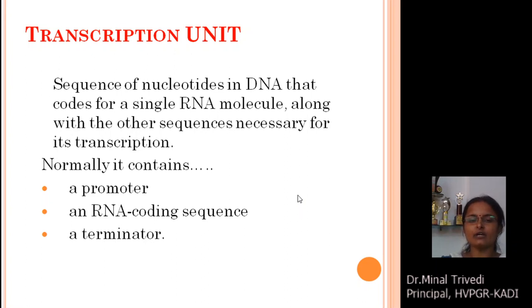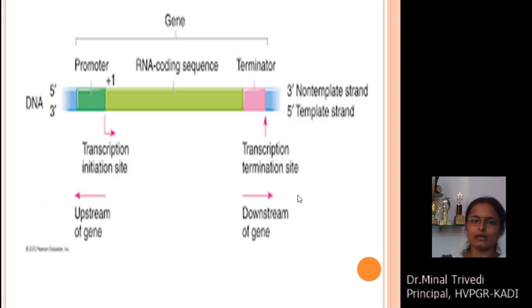The promoter plays a significant role in initiating the process of transcription. The RNA coding region is the actual sequence which will be transcribed to synthesize the RNA molecule, and the last one is the terminator sequence that plays a significant role in the termination of the process of transcription.